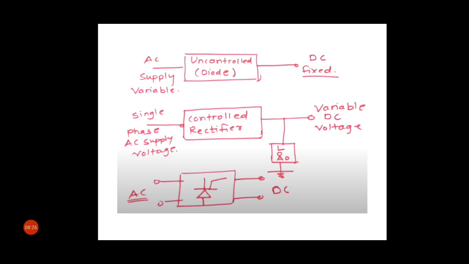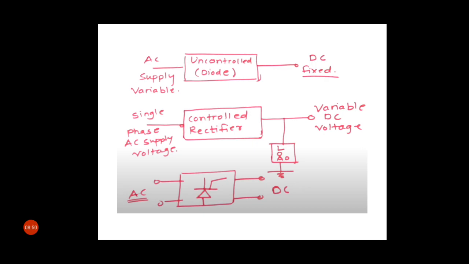So SCR is a control device, and this SCR can be controlled through the gate terminal, or it can be triggered by using gate current, and it can be naturally commutated.